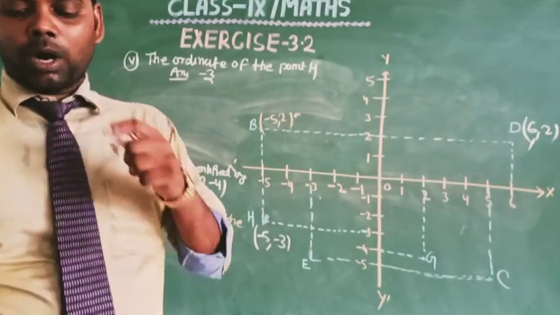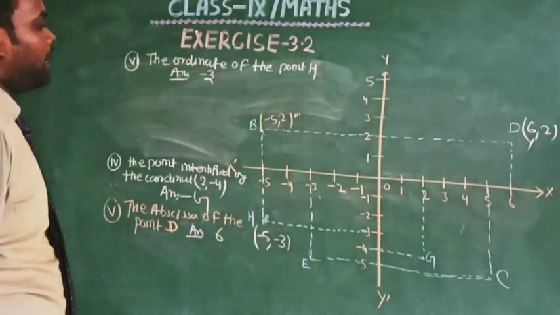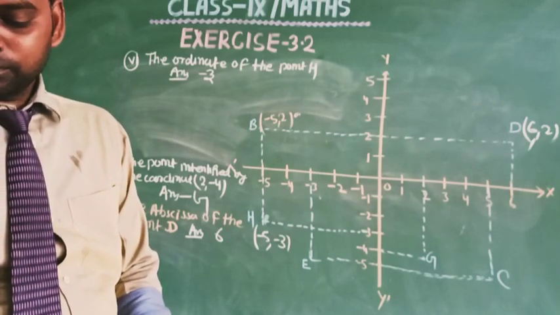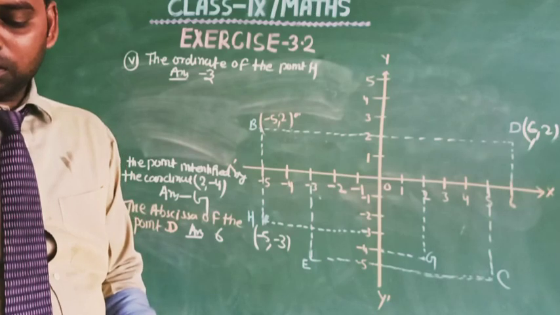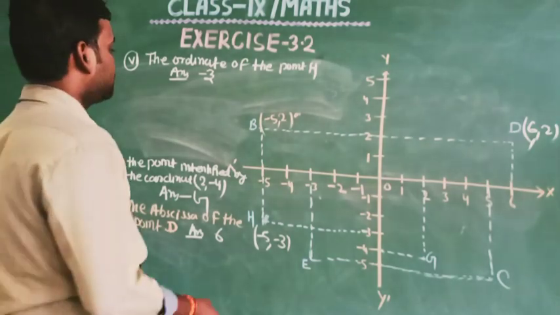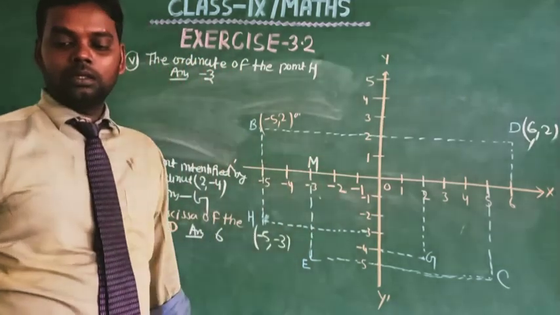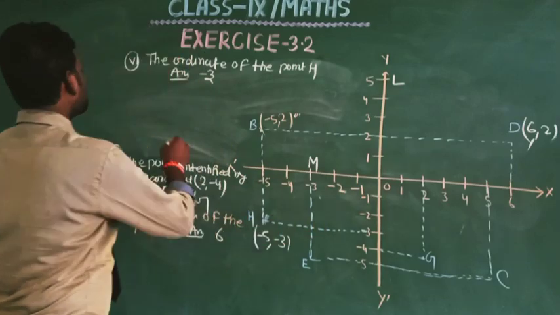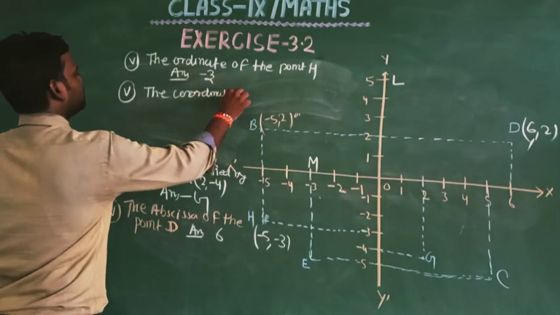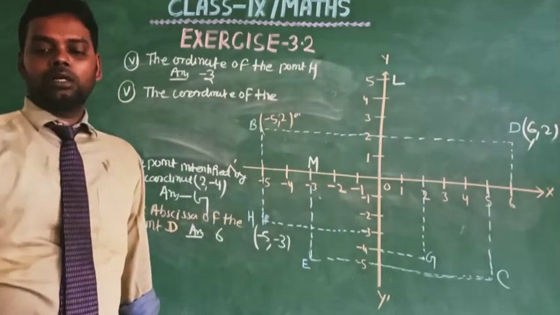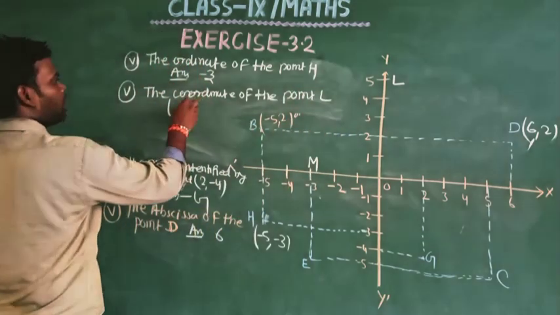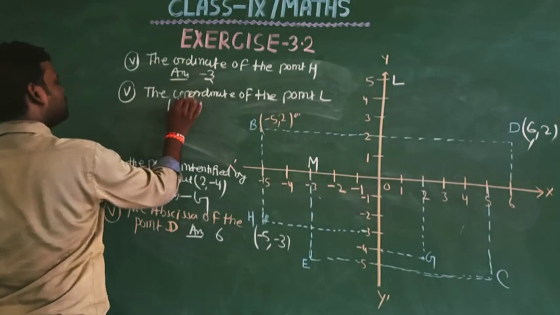Next, the coordinate of the point L. Here is M and here is L. So the coordinate of the point L is 5, 0.